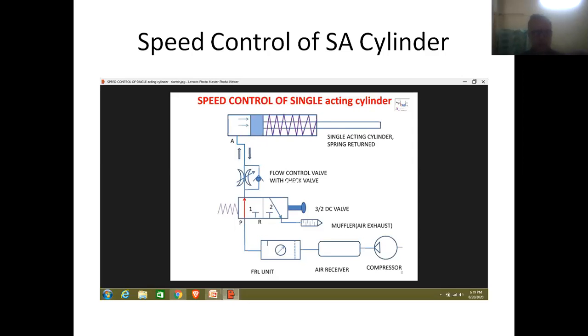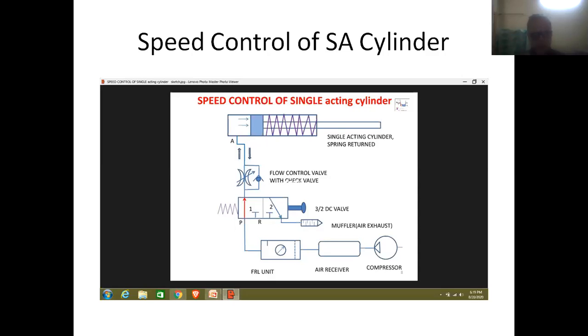So friends, this is the main purpose and this is the general arrangement of a flow regulator, which is also referred to as a speed regulator. So consisting of two valves. The first one called a throttle valve for sending fluid into the cylinder. The second one called a check valve placed in reverse direction for receiving the fluid that is coming out of the cylinder.